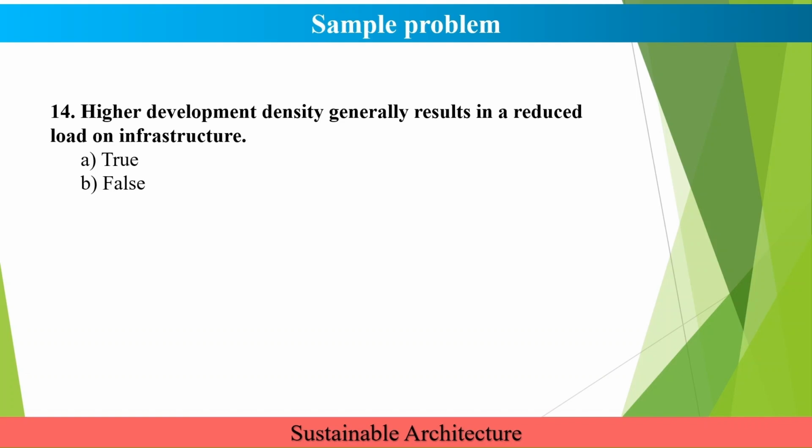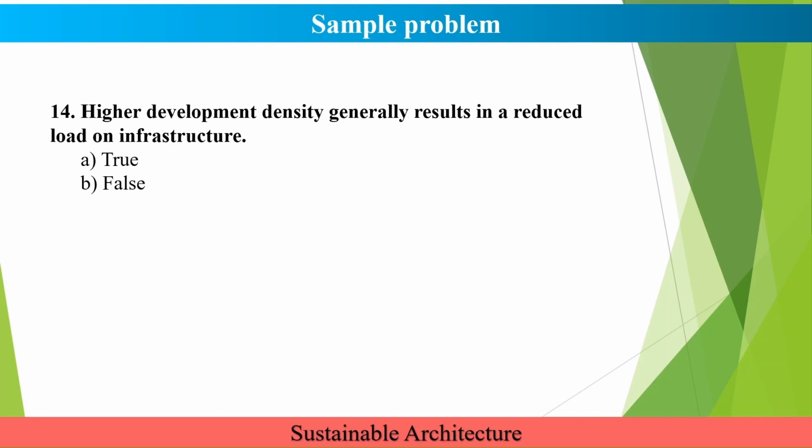I mean to say that whenever it is higher, it refers to the values. When we are defining one parameter, development density, if its value is coming out to be higher, then what do you understand by that? If it is having higher values of development density, then it means more buildings are there. So you can say there is less load on the infrastructure.